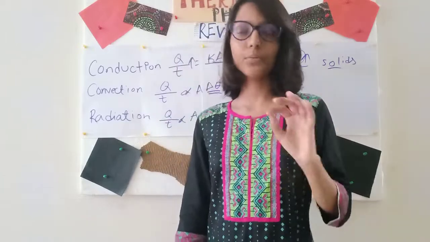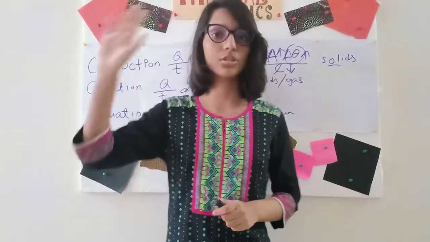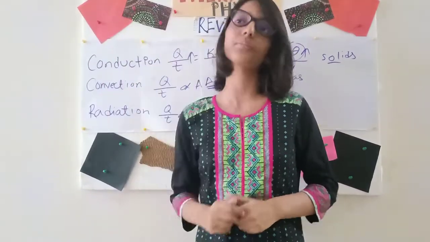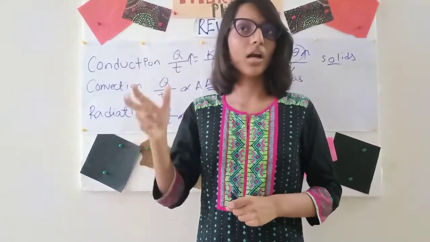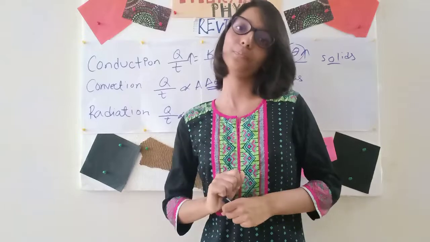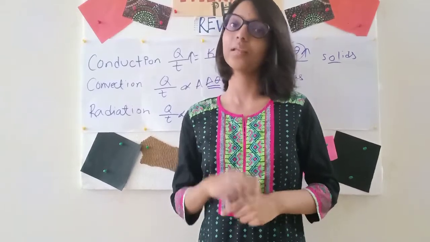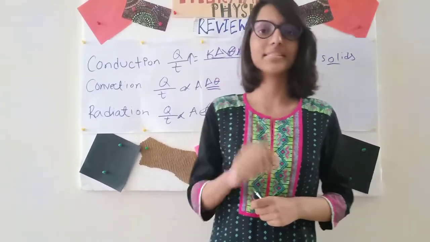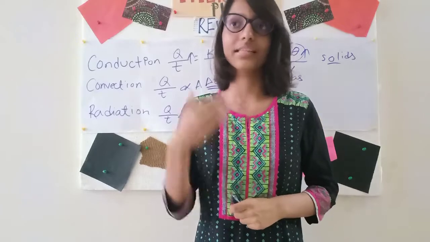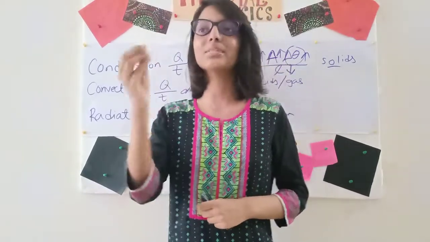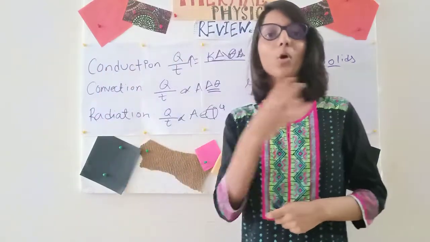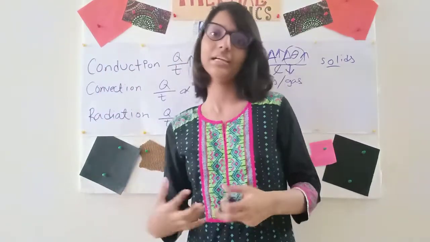In winter, suppose you touch the door to open it, you'll notice that the metal doorknob is colder than the wooden door. Why is it? Because metals are better conductors than wood, which is an insulator. Since metals are better conductors, they conduct away the heat faster.